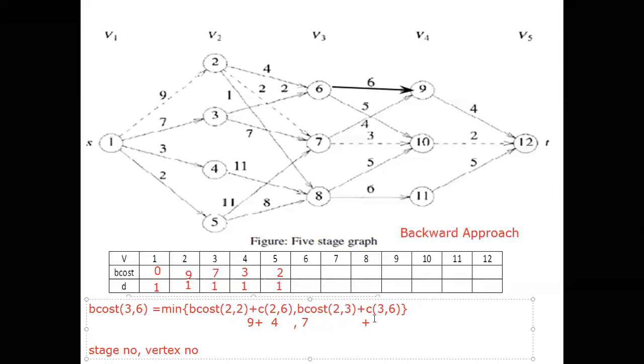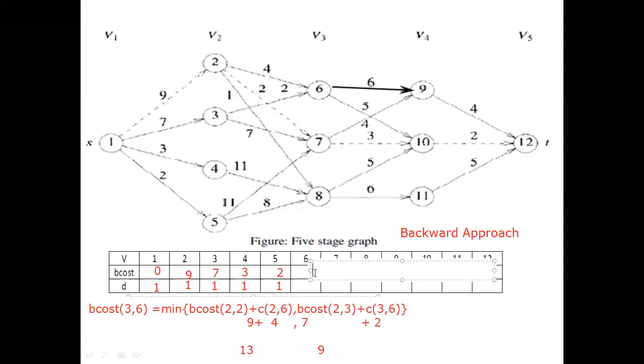That is 2. Which is the smallest value? 9 plus 4. What is the sum? It is 13. And 7 plus 2. What is the value? 9. Which is smallest? 9 is smallest. Where we have to update? 4, 6. 6, the value it is 9. I should update here as 9.